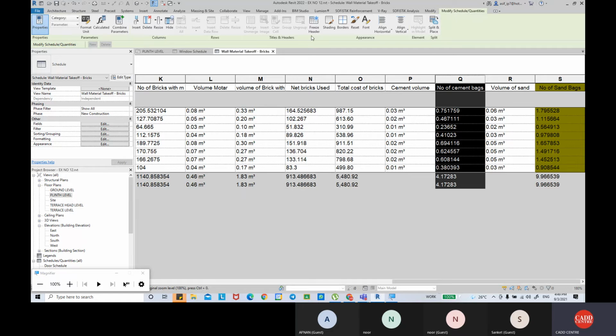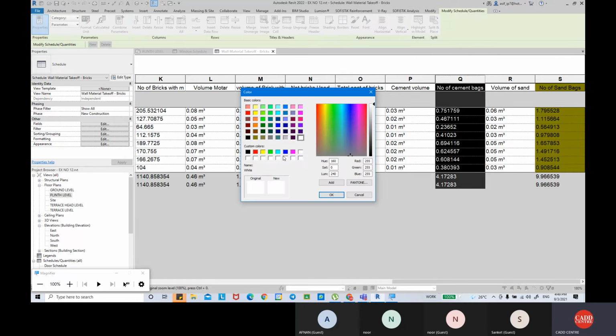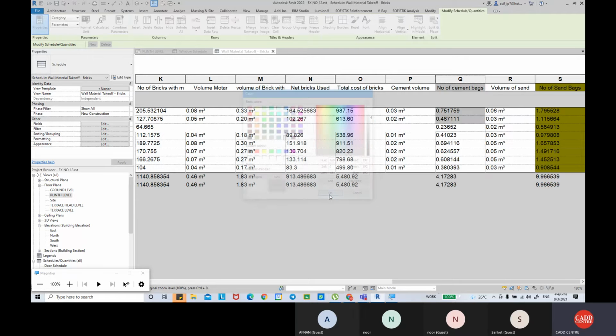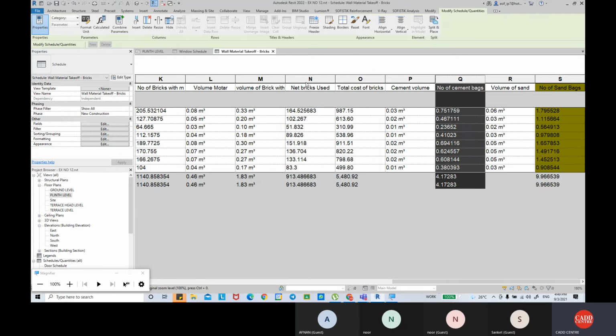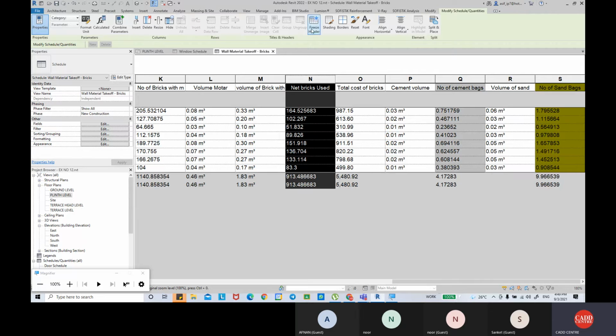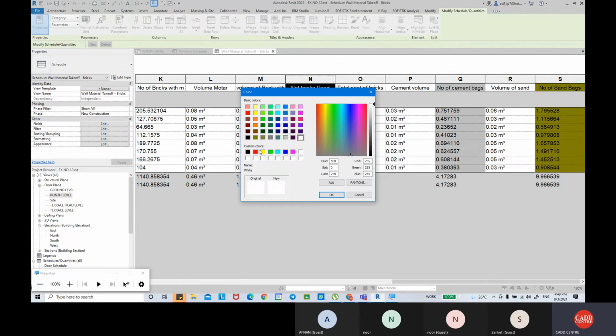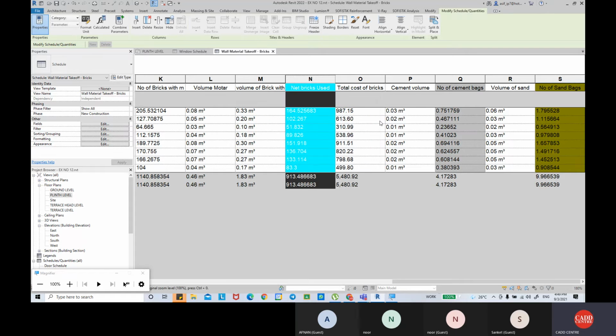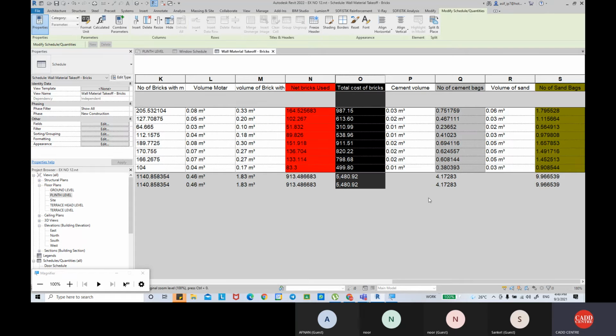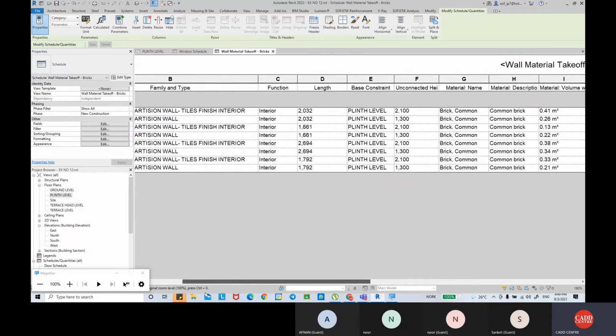For cement, I can give a little different shading, maybe a little lighter gray should be fine. And for the bricks, I can give a bit of different shading. So you can colorize your cells as well.